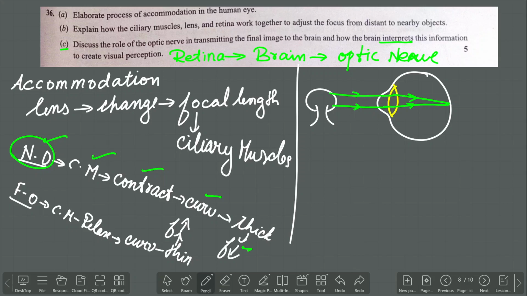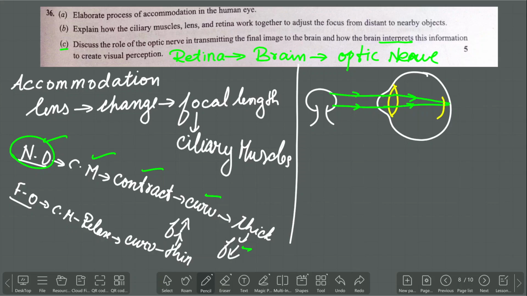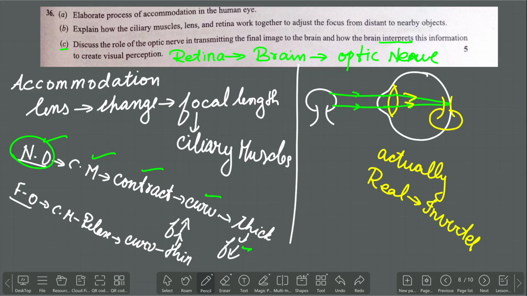So here only the image is going to be formed. But the image we obtain here will be inverted. The reason is that the refracted rays are actually meeting. Since they are actually meeting here, the nature of the image is called a real image. A real image, we all know, will be inverted.